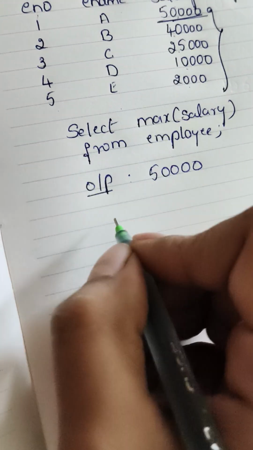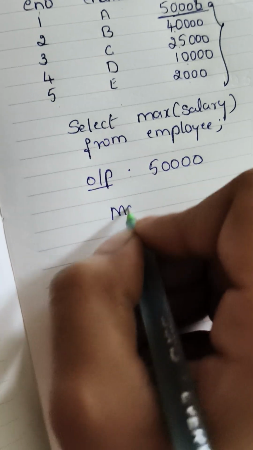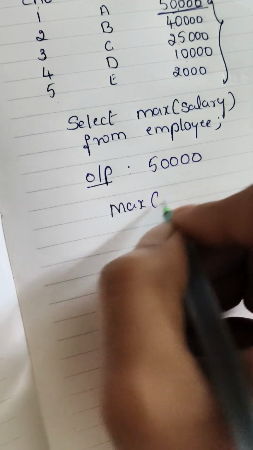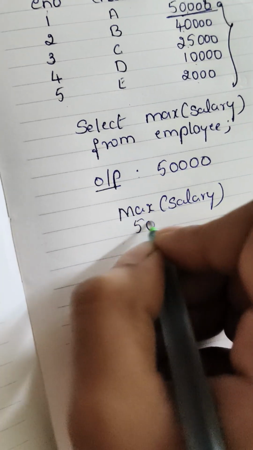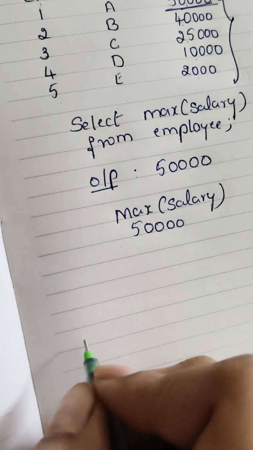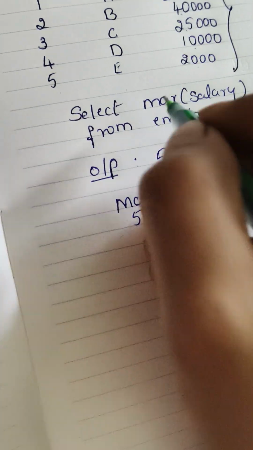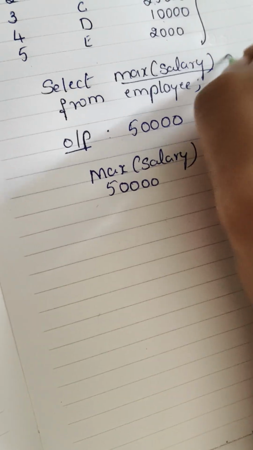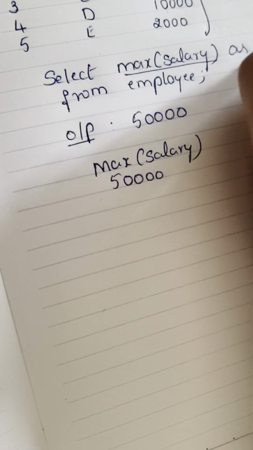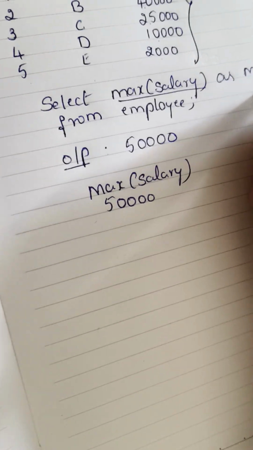Whenever you execute the query, you will get 50,000 like this.